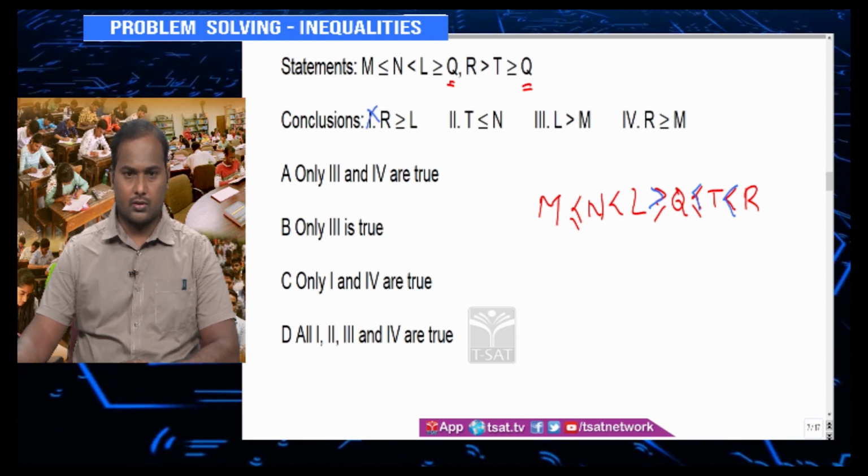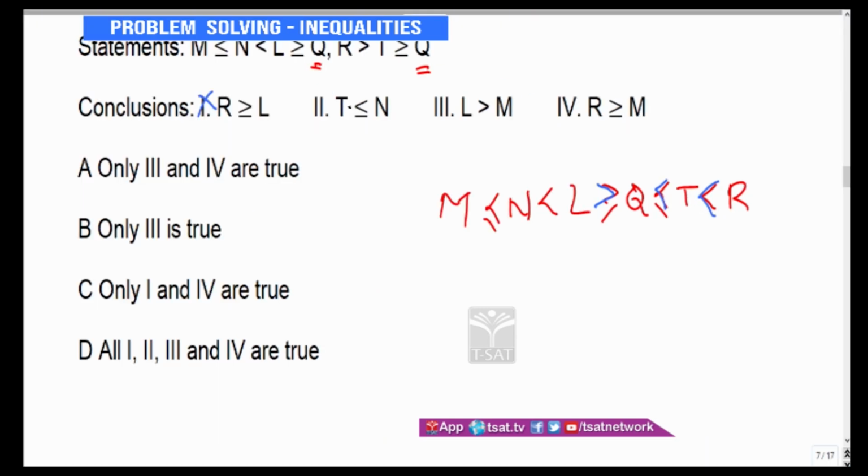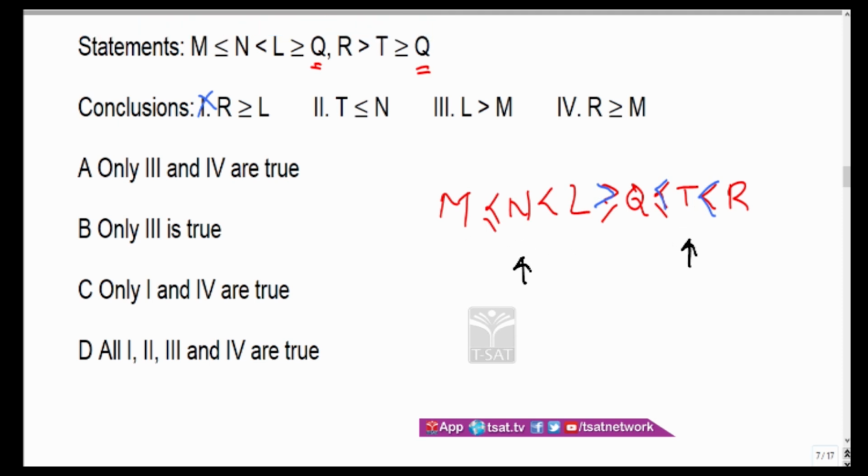See the next conclusion, that is N is greater than or equal to T, or T is less than or equal to N. So he is asking the relation between T and N. So in this case, between T and N, all the symbols should be greater than or equal, greater than or equal and greater than or equal.